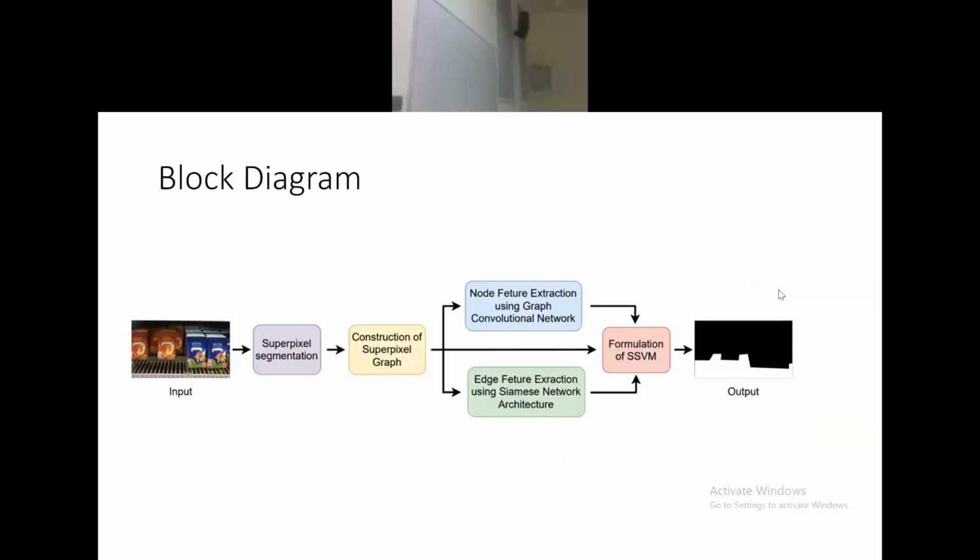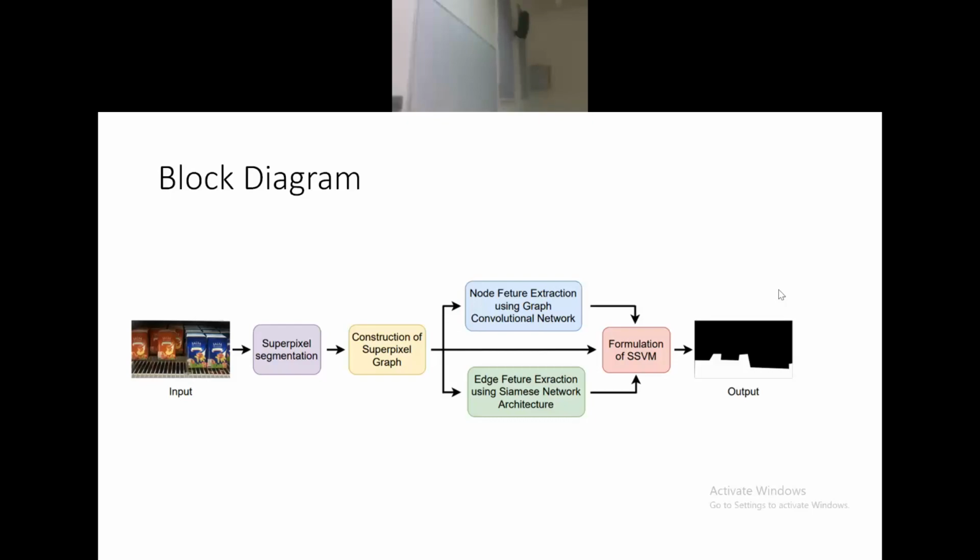Anyway, overall, we have taken the input image, divided into super pixels, which is very standard and well-known; sleek algorithms are available. You can download the code, run it, get the super pixels, construct a graph of the super pixels, and then on the graph you have a node and edge, get the node feature and edge features, and pass it to a structured SVM.